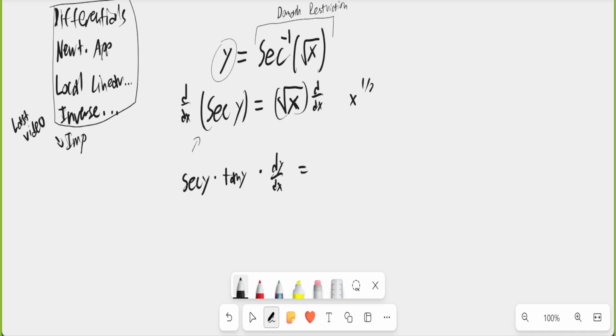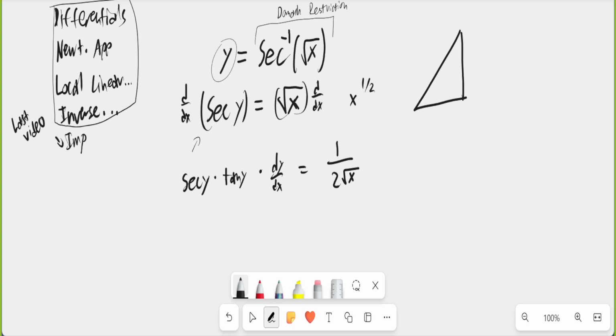well, this is x to the 1/2, so it's 1 over 2x to the 1/2. Actually, I'm going to rewrite that as square root x, because we're going to turn this into a triangle. We know that secant y times tangent y, we can turn that into, oh, you know what we're supposed to do?